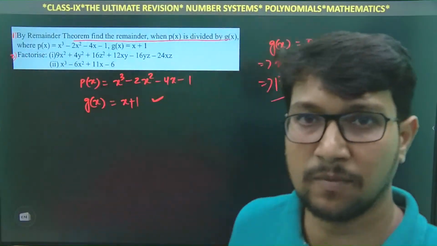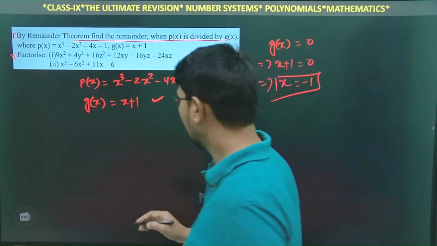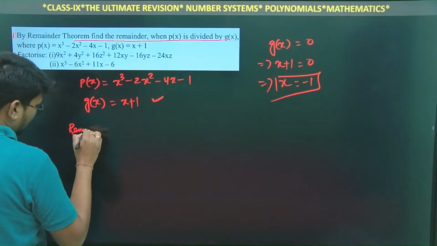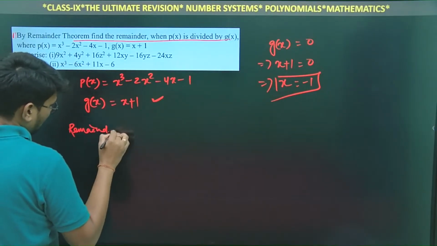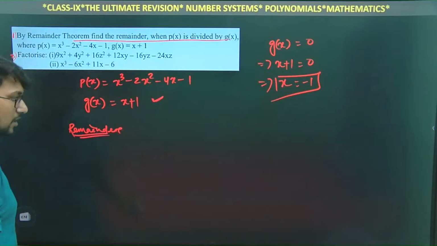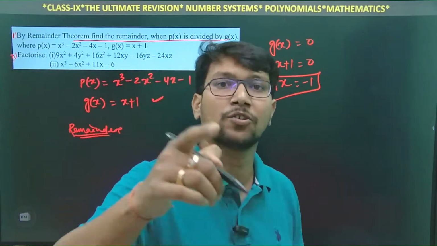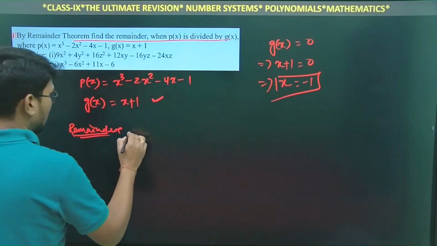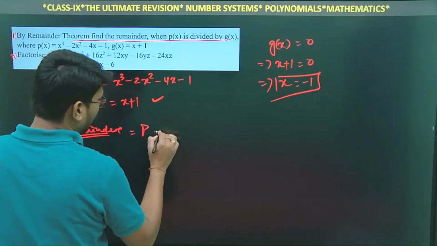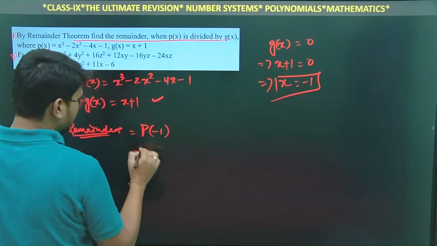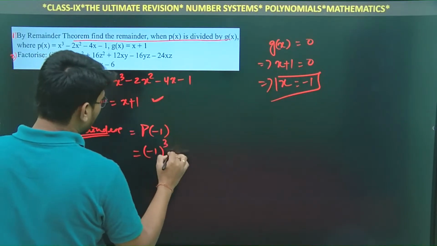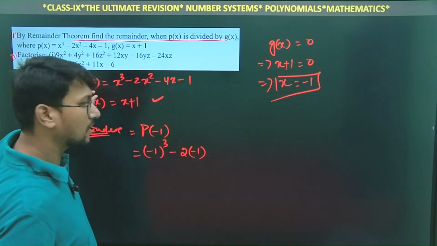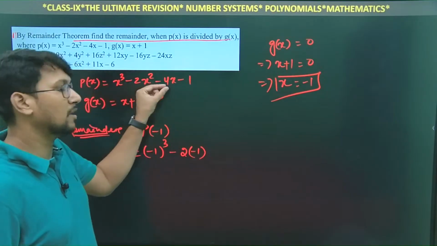Though the remainder theorem is not in your syllabus, it is required for the factor theorem. So the remainder equals p of minus 1, that is (minus 1) cube minus 2 into, we have to replace this x by minus 1 in where?